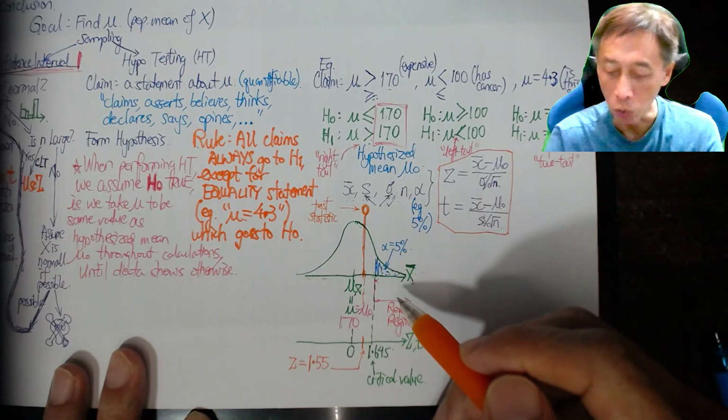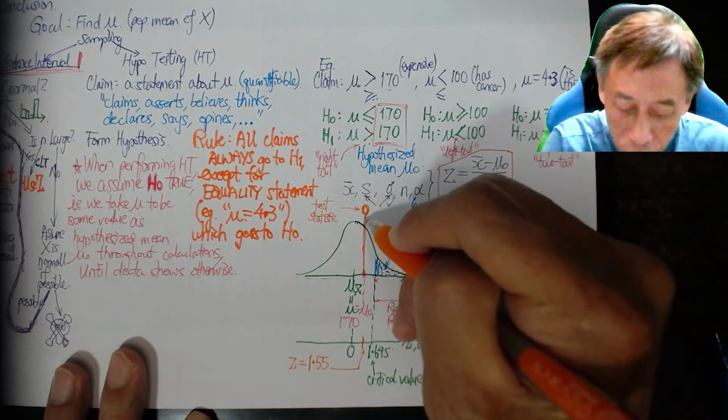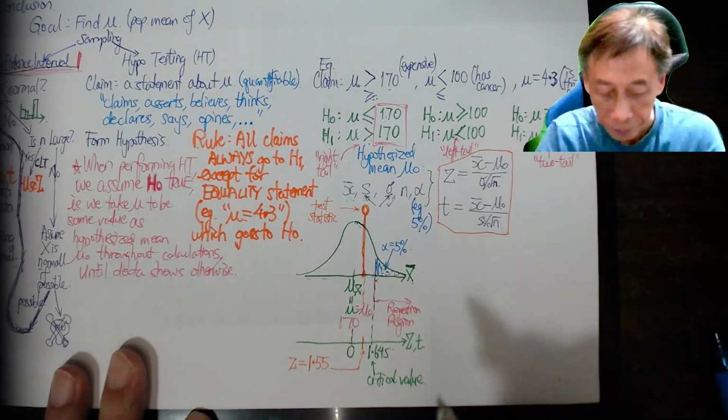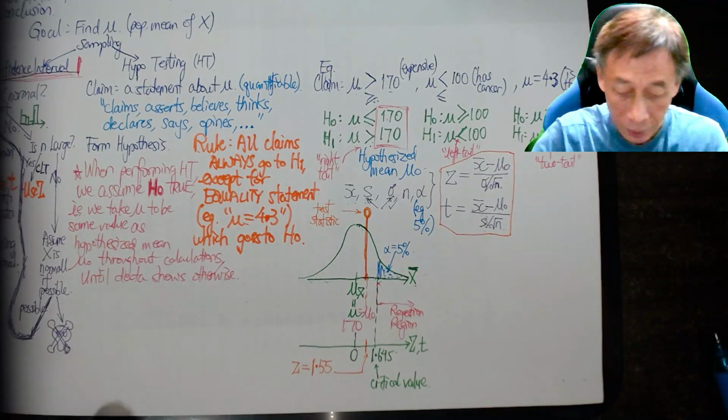How does p-value go? P-value starts, first of all, from the test statistic. We can try to write that down.